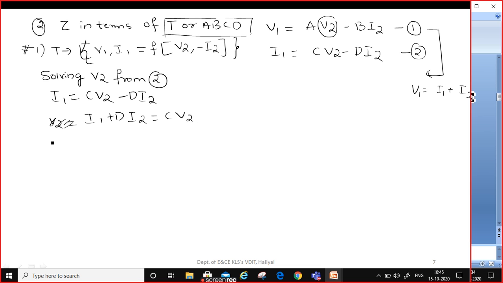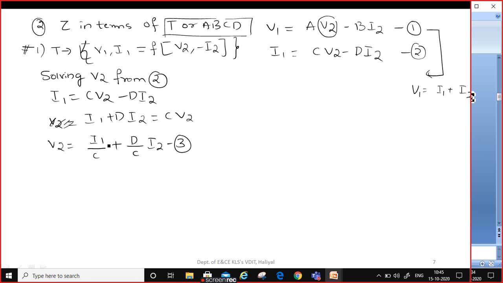That implies V2 will be I1 plus D into I2, divided by C, which is I1 by C plus D by C into I2. Call it equation 3.